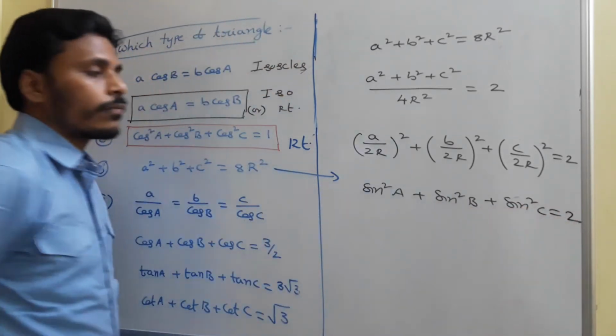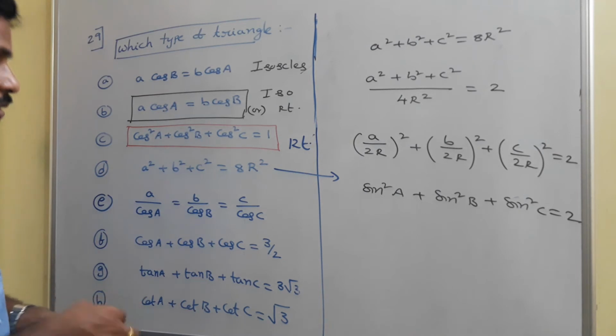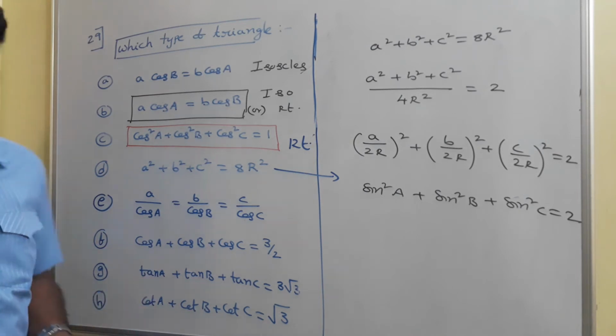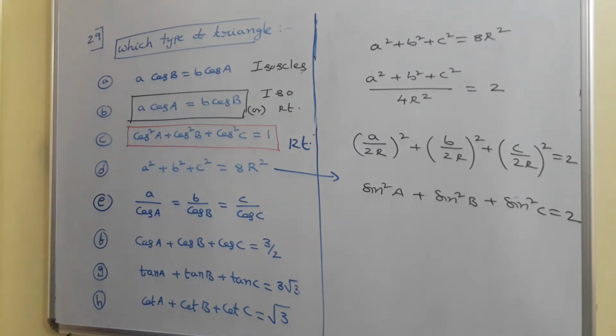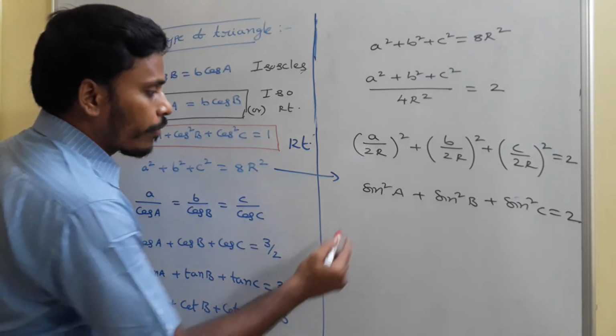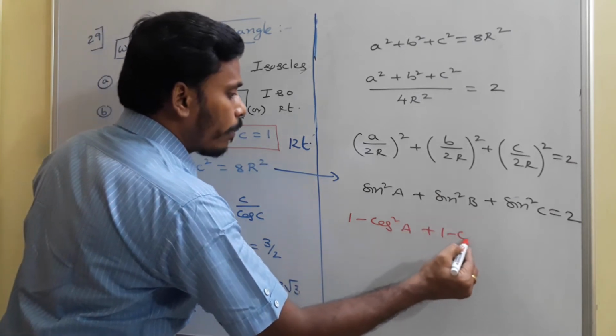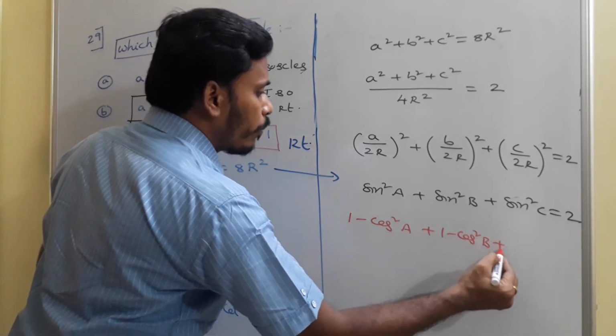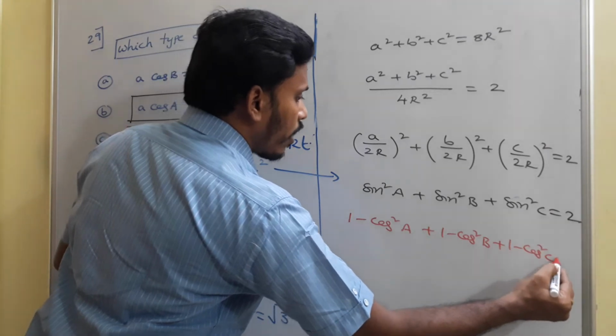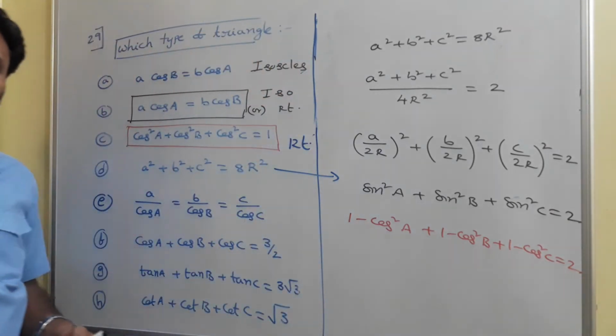In the next step, since sine square a plus sine square b plus sine square c equals 2, you just take sine square a as 1 minus cos square a. So 1 minus cos square a plus 1 minus cos square b plus 1 minus cos square c equals 2.